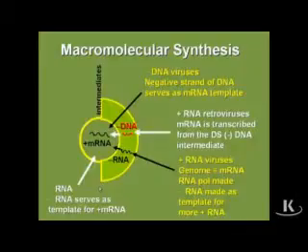Now, macromolecular synthesis, okay? Macromolecular synthesis is something that I know gets a little bit confusing, but if you really think about what's going on, it's really not so bad, I promise. DNA viruses have to replicate in the nucleus. Remember we said pox was the exception. DNA viruses have to replicate in the nucleus because, remember, viruses are so small.